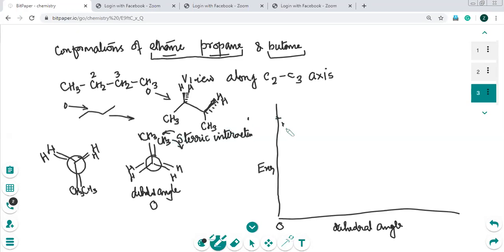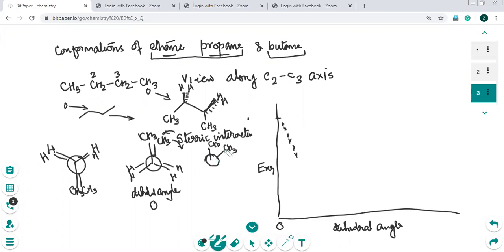So the curve comes down like this till it reaches this level. Now onwards we will draw only the two CH3 groups; all others are hydrogens and we will not draw them for convenience.